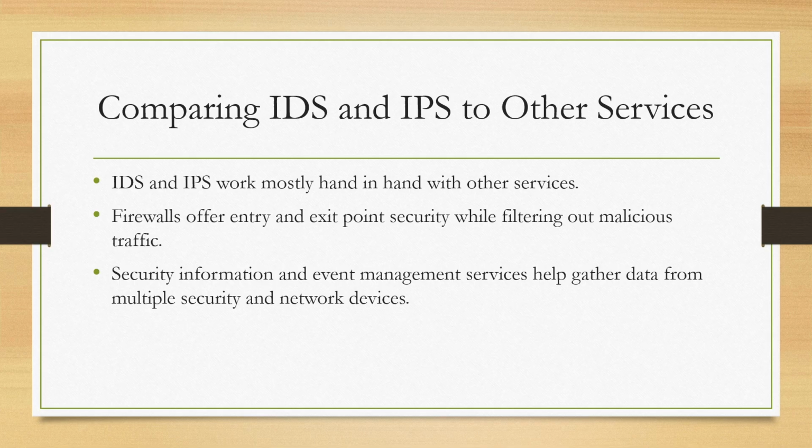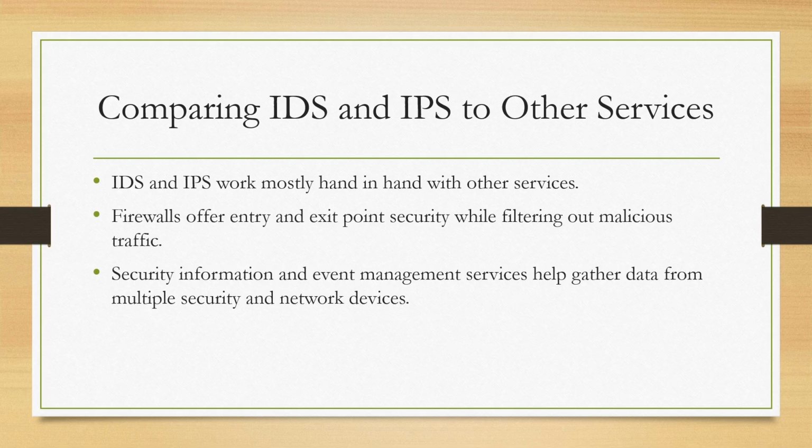Firewalls offer security on exit and entry points, and they also help filter out any unwanted traffic from outside of a network. These security tools usually run outside of a router or be the first device after packets enter through a router.